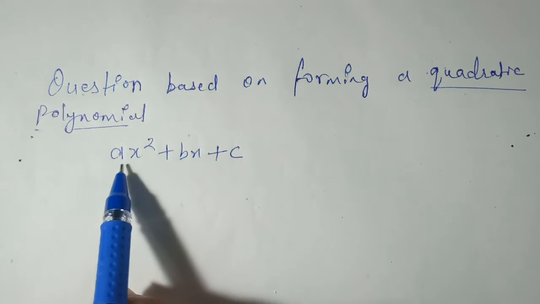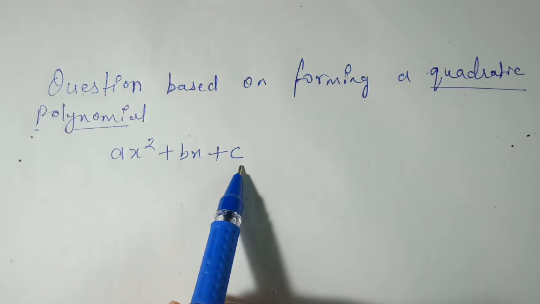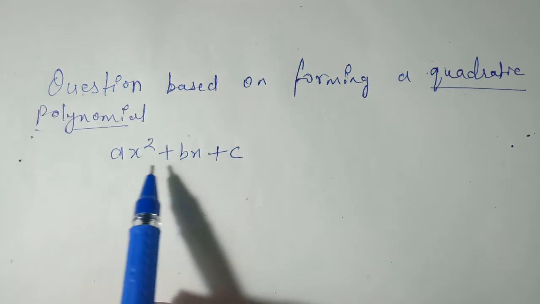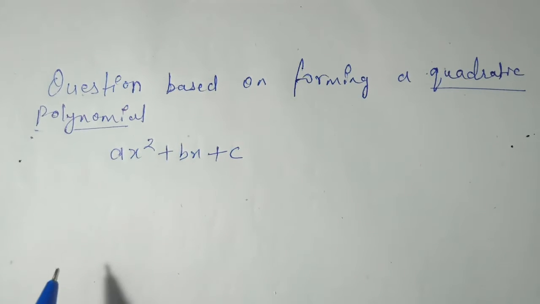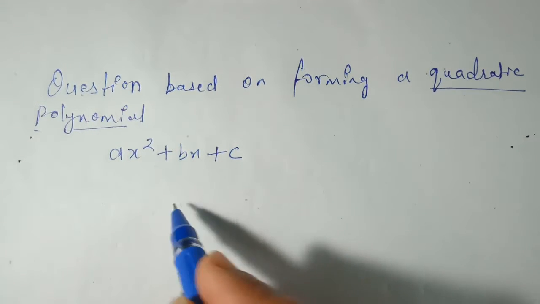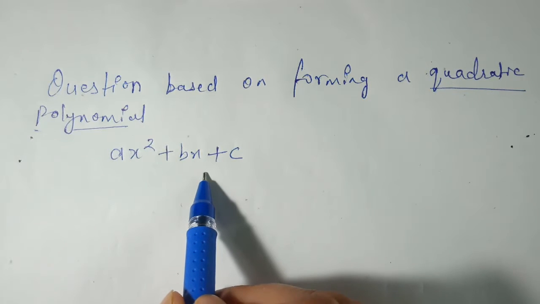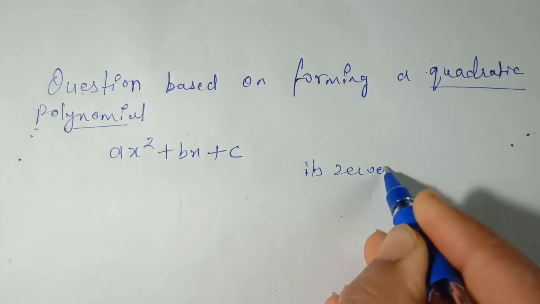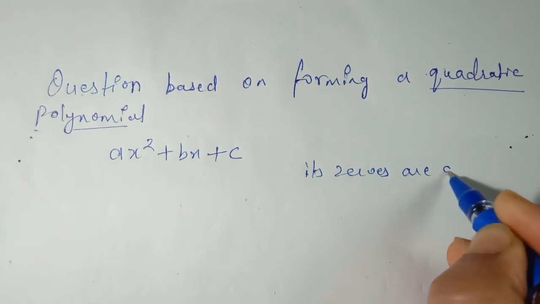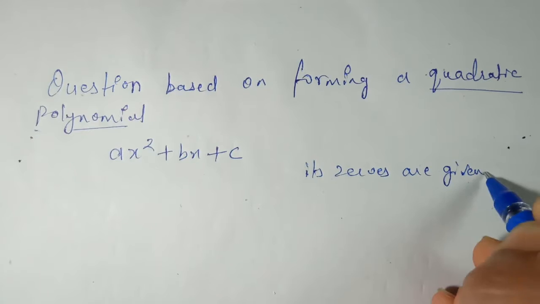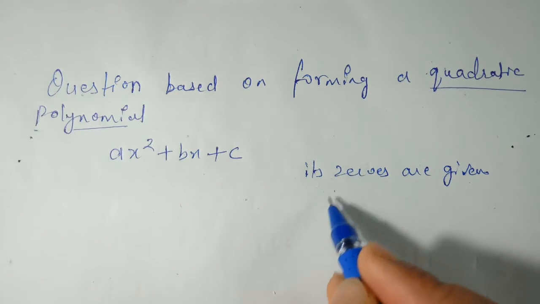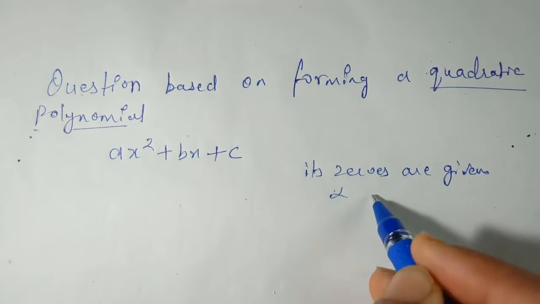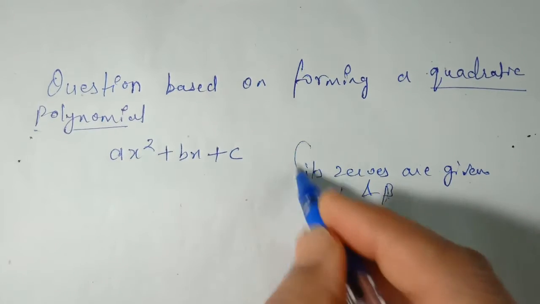Now the question is, if we have to form such a type of polynomial, what will be the question? Then you have to understand the question. Whenever a question based on it is asked, it is given in the question that its zeros are given. We know that we take the zeros as alpha and beta.